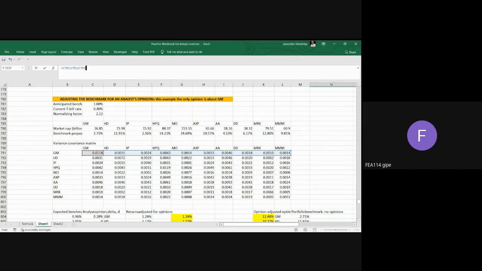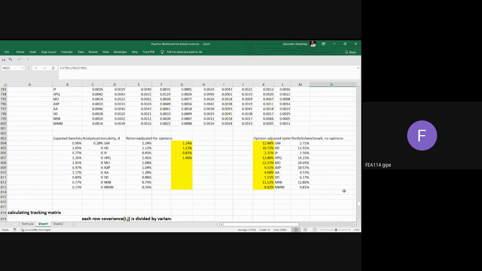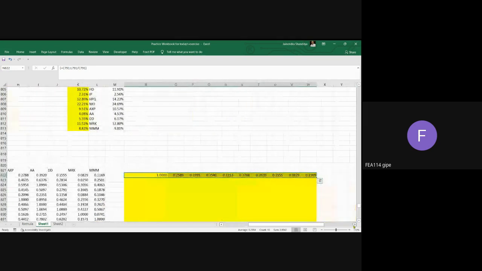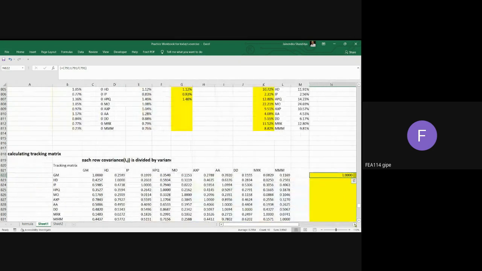So the entire variance covariances of all the individual ones are getting divided by the variance of General Motors, and I click here. Okay, so I get the first row of the answer, which is, as you can see, the variance covariance matrix, which is what we call a tracking matrix for this one.